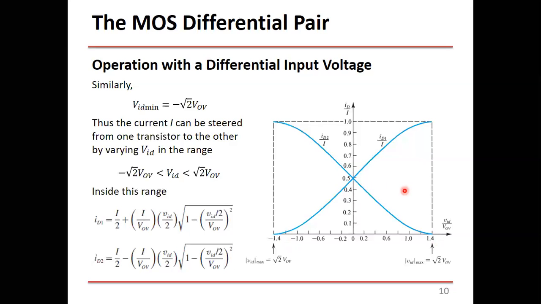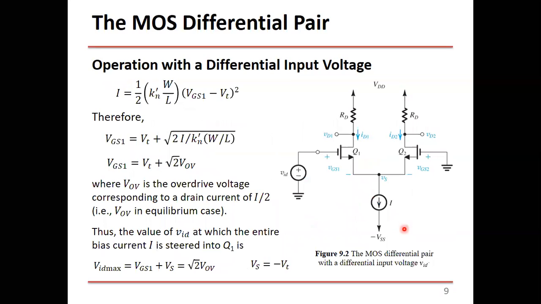Go ahead, Arwasaf. Okay. You said VID minimum is negative square root of 2 VOV. Yes. Okay. Is it because you grounded VGS? Like if VGS2 is a little bit smaller than VGS1, will it still go with the same formula?